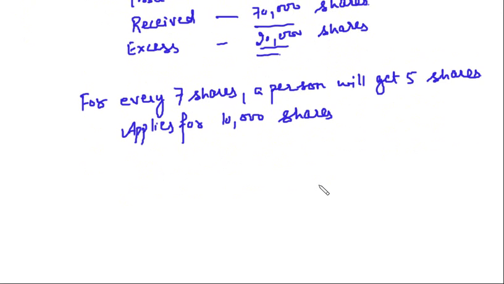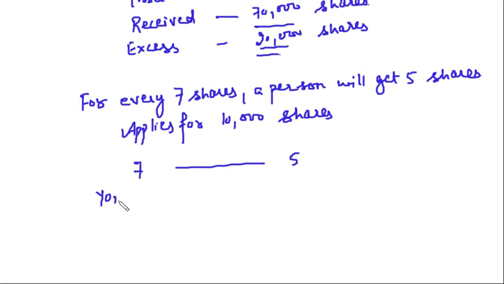Understand the word pro rata. The other word is partial allotment. Clear? How is this partial allotment done? He applied for 7 shares. He got only 5 shares. Because we have to give some share to every person. We are not rejecting the applications. Right? For every 7 shares, we are giving 5 shares.